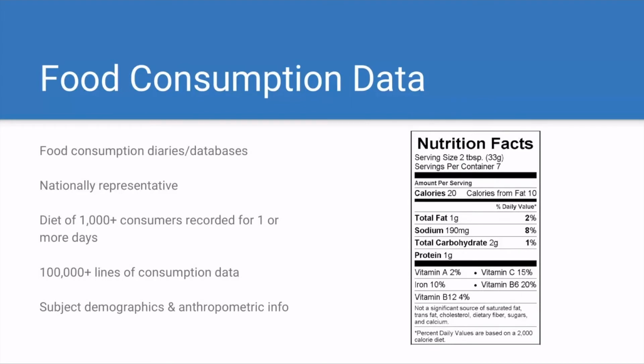It's usually hundreds of thousands of lines of consumption data, and usually you have information about their demographics, their age, gender, body weights, things like socioeconomic status, and you might even have biomonitoring data looking at levels or biomarkers of different nutrients. One of the main things that these surveys are done for is nutrition, but they get reused again and again to answer all different questions for chemical food safety.